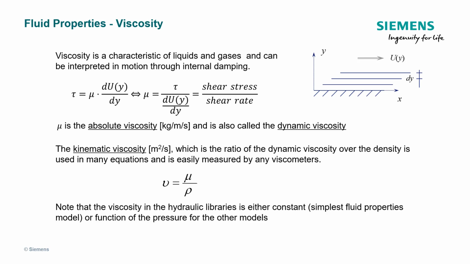Another term is kinematic viscosity, nu, which is the ratio of dynamic viscosity over the density. It's used in many equations and is easily measured by any viscometer. Please also note the viscosity value is constant only in the simplest fluid property option. For the rest of the fluid property models, it's a function of the pressure.